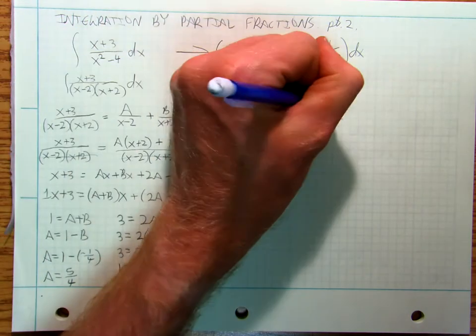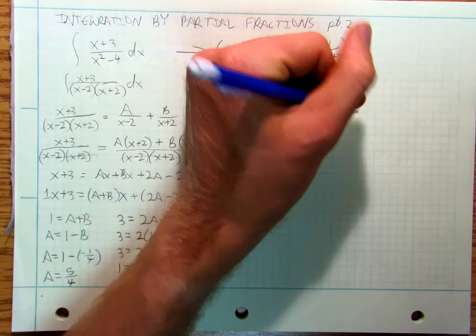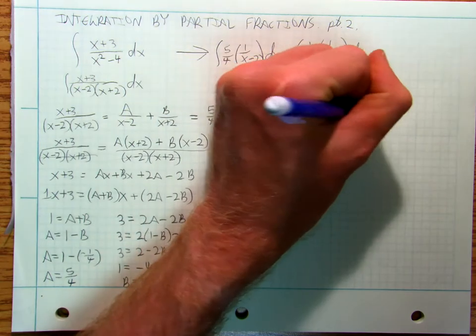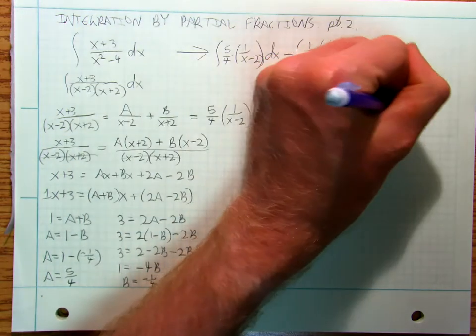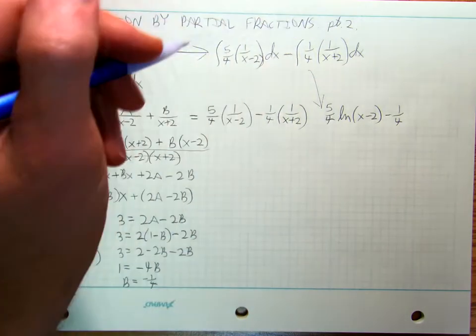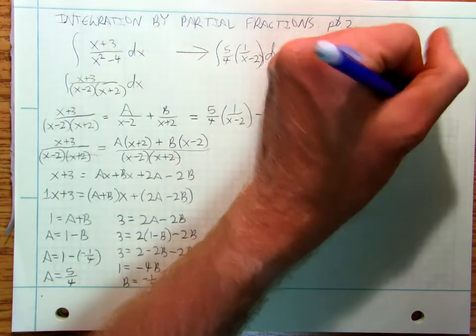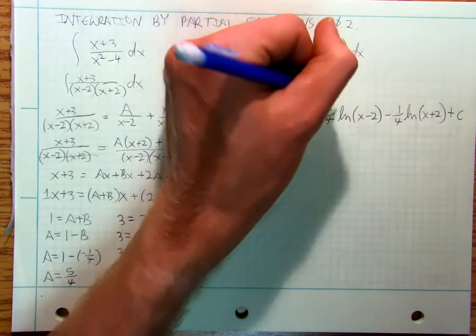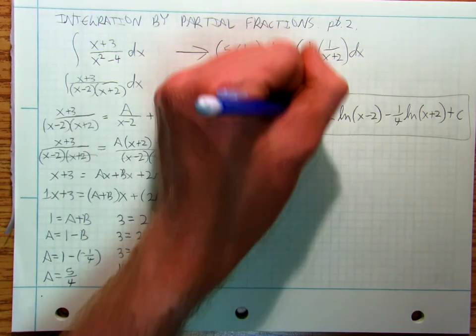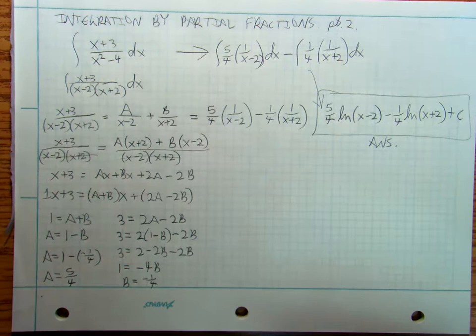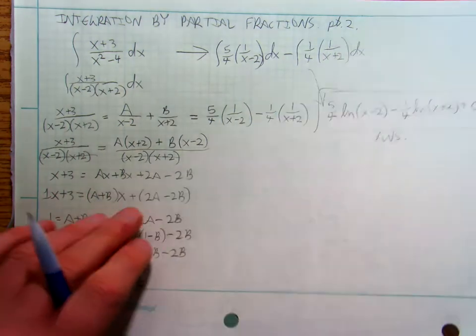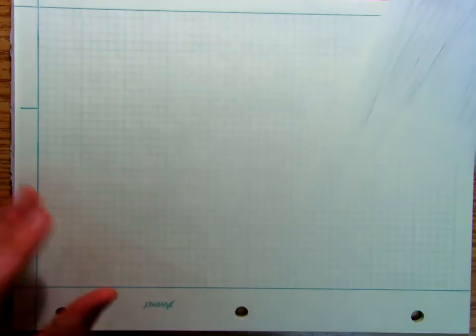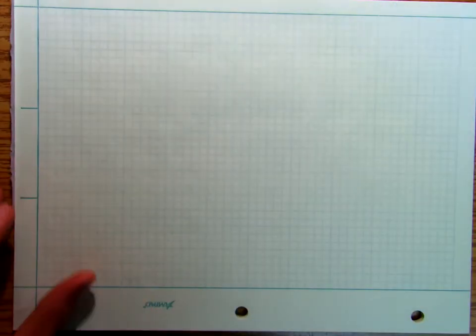So you can say that's 5/4 ln of (x minus 2) minus 1/4 ln of (x plus 2). Then you put a plus C on that, put a box around it, call it your answer, and you're done.